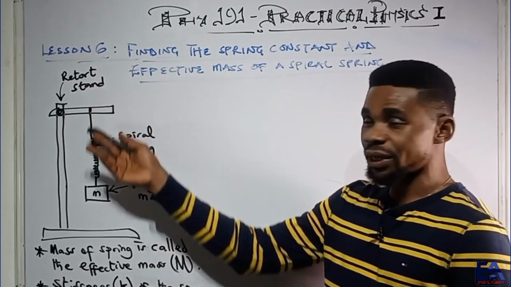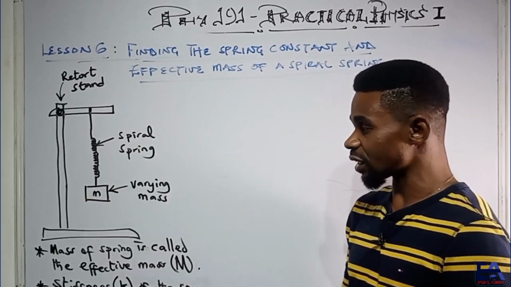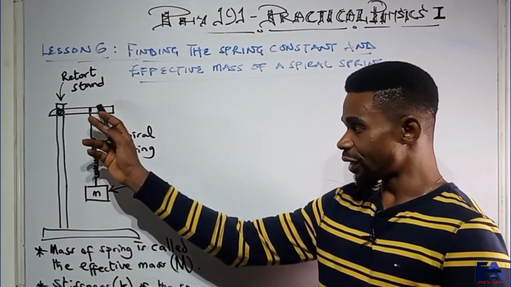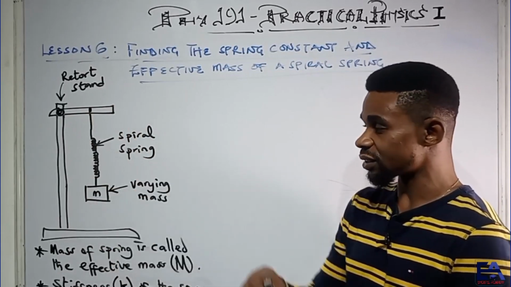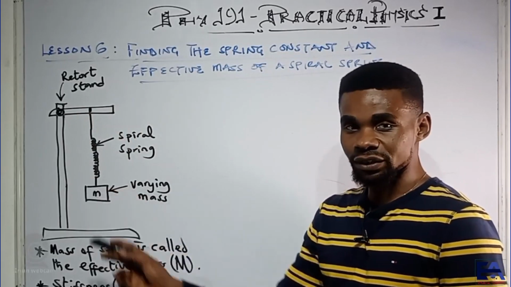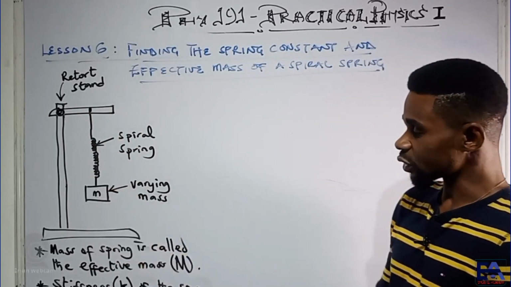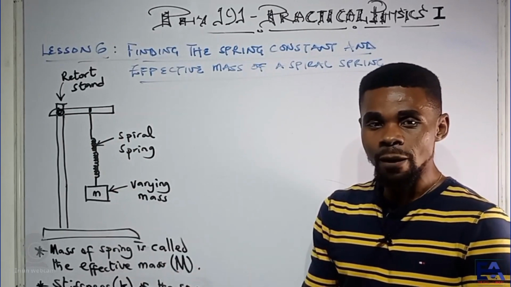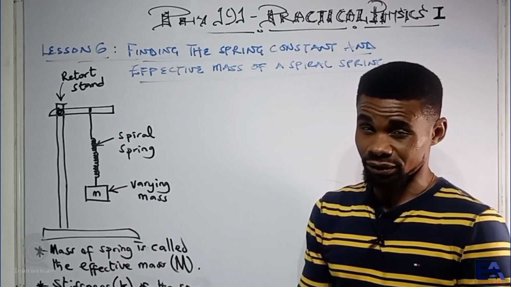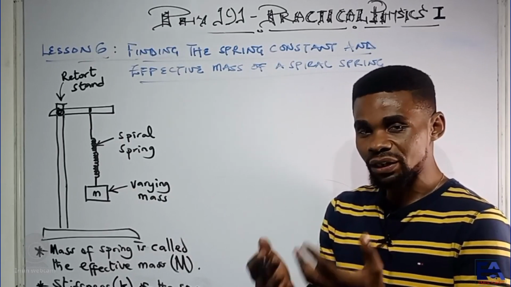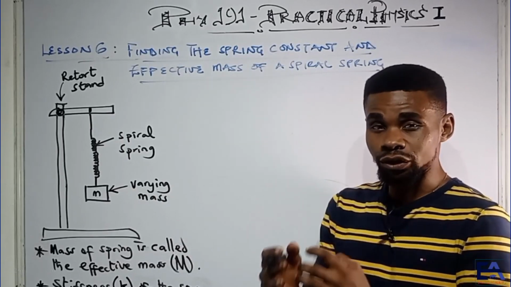What we have here is a retort stand, and on the retort stand we have a spring hung on it, and then some mass at the end of that spring. This particular mass hung at the end of the spring is called the varying mass, since the mass continues to change.